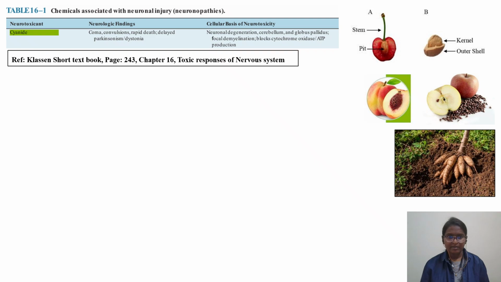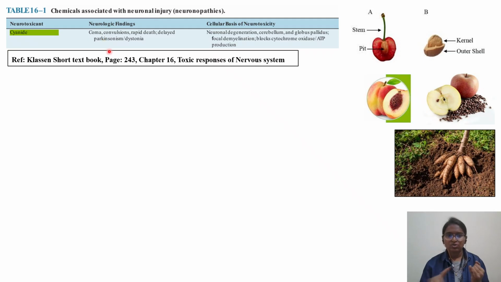Then I came across table number 16.1, which is there in the case of toxic responses of the nervous system. Here you can see which chemicals are associated with neuronal injury. Since we already know the major target organs, cyanide toxicity affects the CNS as well as the heart. So coming to neuropathies, what are the neurological findings you can see?